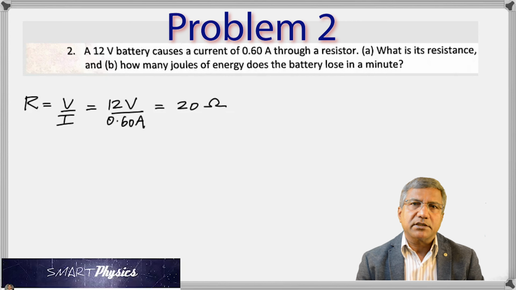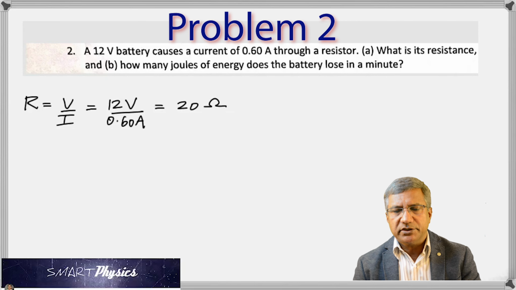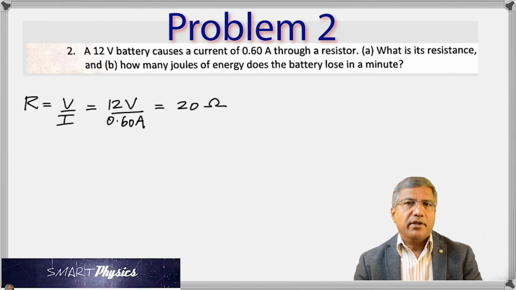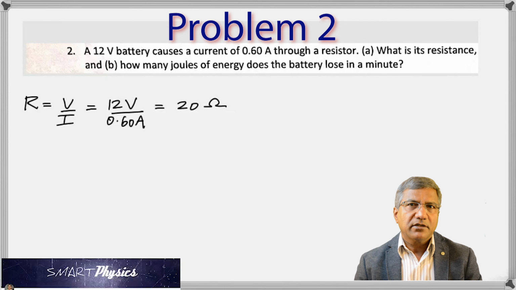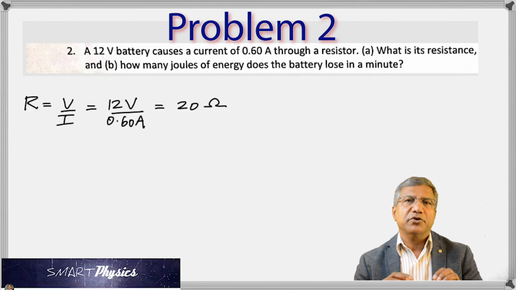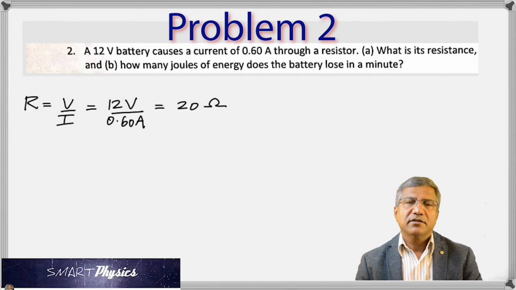Now in the B part, how many joules of energy does the battery lose in 1 minute? So we can find the power in the electrical circuit by taking the product of voltage and current. And power is the energy produced in 1 second.